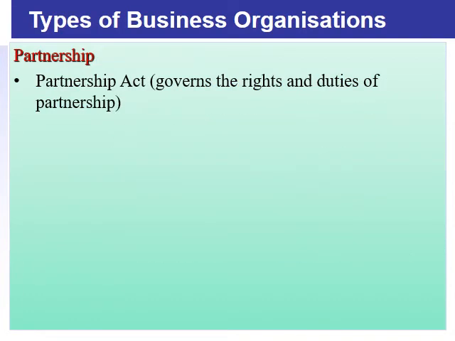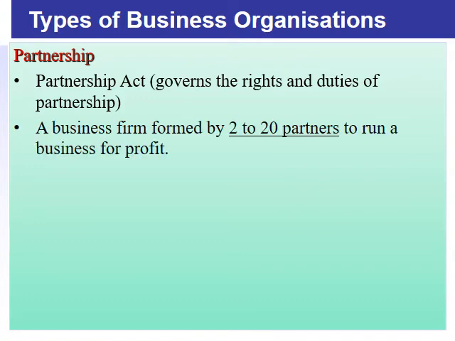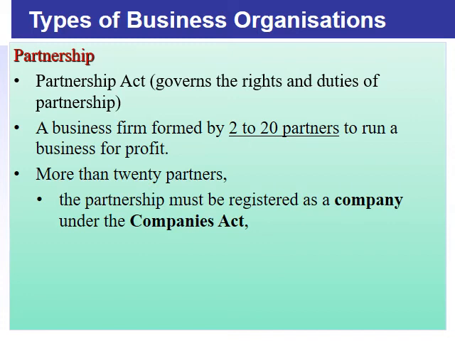Partnership is governed under the Partnership Act, which governs the rights and duties of a partnership. It is a business firm formed by 2 to 20 partners to run a business for profit. If there are more than 20 partners, the partnership must be registered as a company under the Company Act, except for certain professionals.